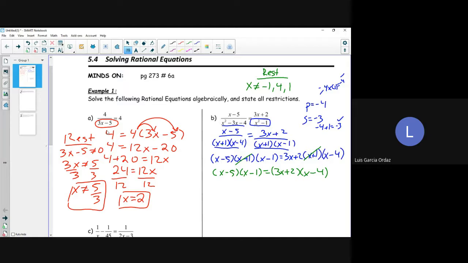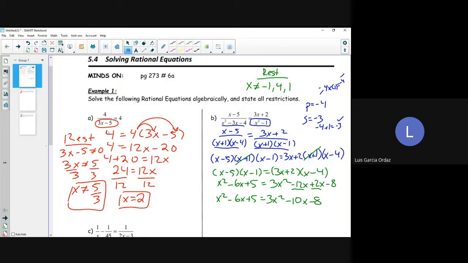So we got x squared minus 6x plus 5 is equal to 3x squared minus 12x plus 2x minus 8. Again, we simplify the like terms together. So we get x squared minus 6x plus 5 is equal to 3x squared minus 10x minus 8.